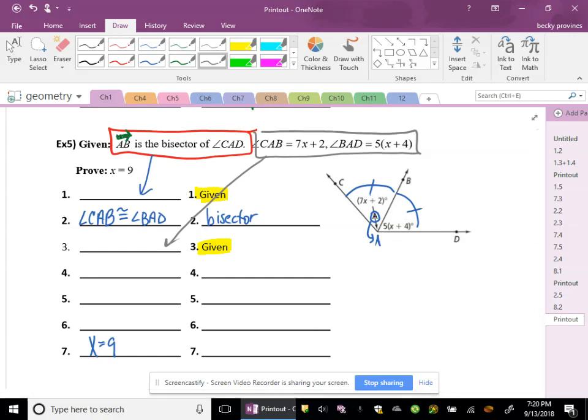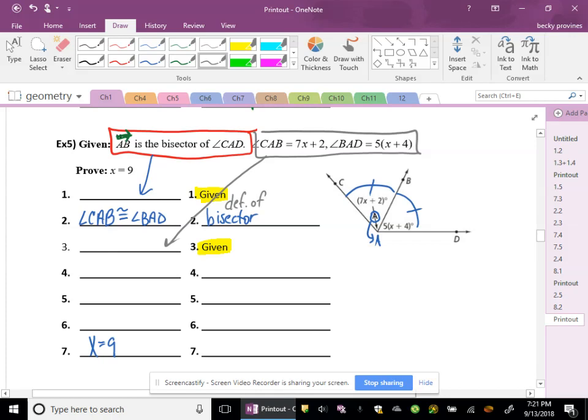But since you're following and they're helping you, I'm going to try to make it fit. So here's why they did this. First, I applied the vocab word. Oh, you know what I didn't do in step 2? I need to write the definition of bisector. Sorry, I got so flustered. All right, slow down, Mrs. Provines. All right, so for step number 3, guys, I'm going to put the rest of the information in here, which we already talked about.